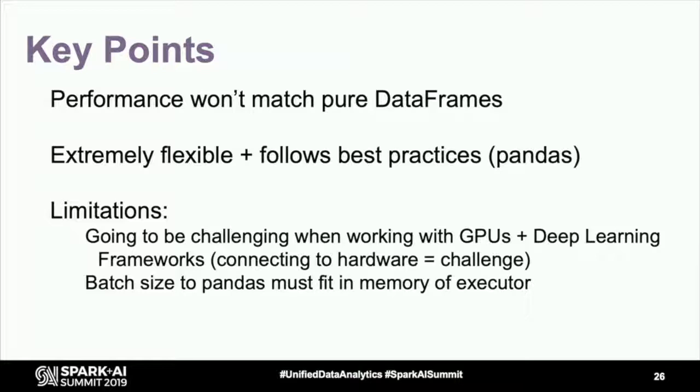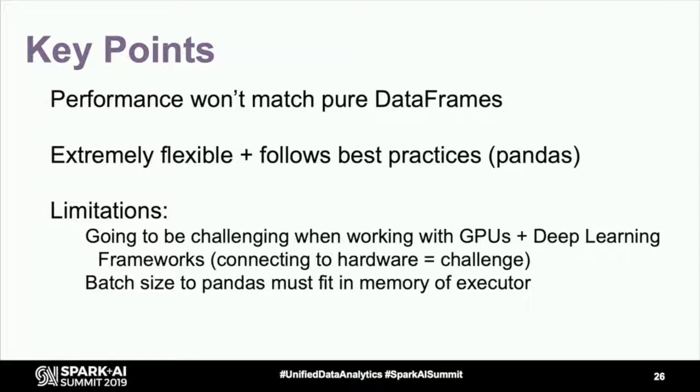This batch size means that the entire chunk of data will end up inside the Python process, so you have to fit that whole thing into memory. If you're trying to do an operation on a huge, billion rows, that's not going to work, and it's going to crash.